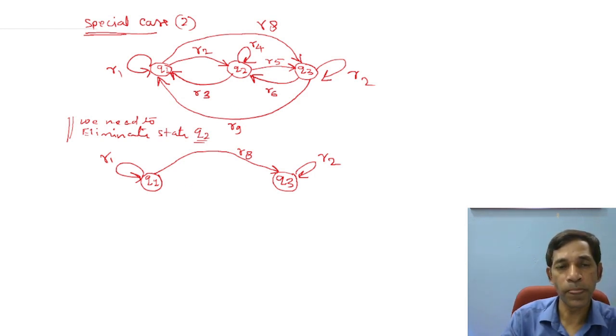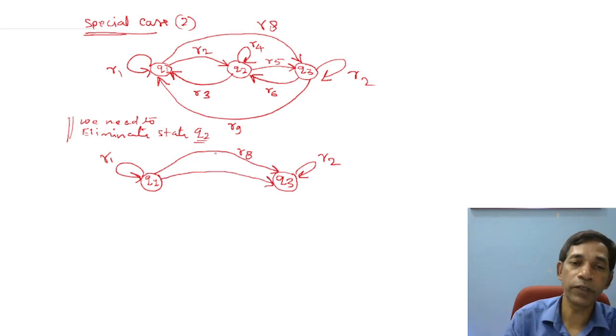Now you have to remove the state Q2. From Q1 you are going to the state Q2, then you have the loop at Q2, then you have the outgoing edge which goes to the state Q3. Means you have to draw the direct edge from Q1 to Q3. And what is the regular expression?